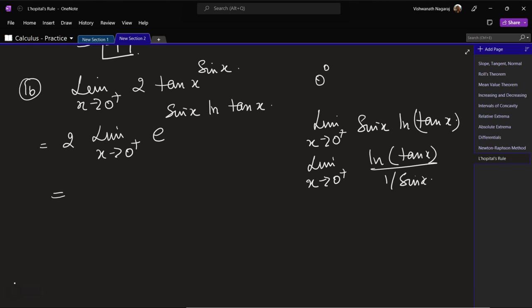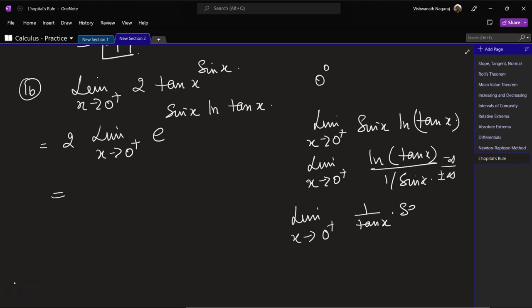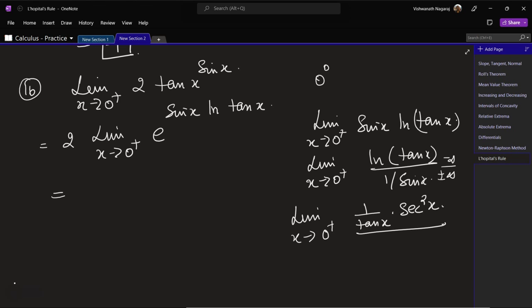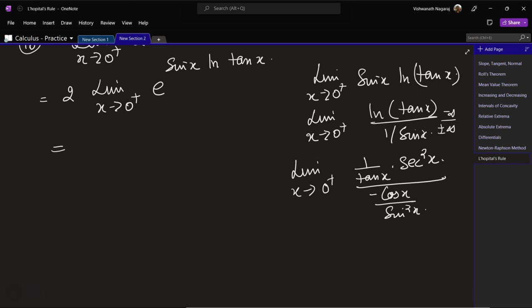So this becomes of the form minus infinity by plus or minus infinity. So it's an indeterminate form. So let's differentiate it, which means basically applying L'Hopital's rule. So this will be 1 by tan x times sec square x divided by minus cos x by sine square x. We have to simplify this.